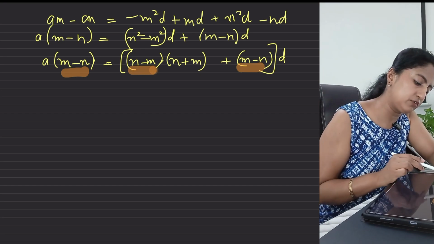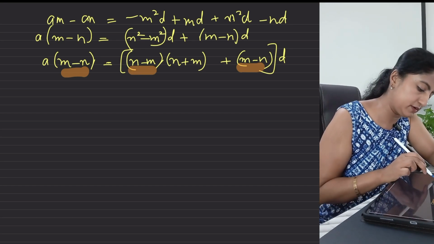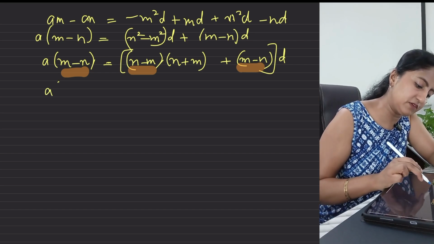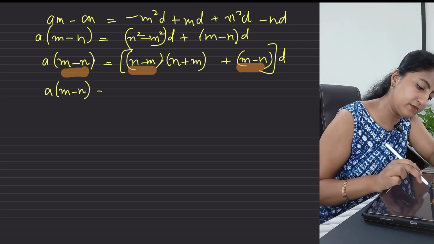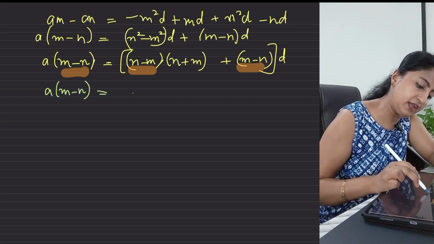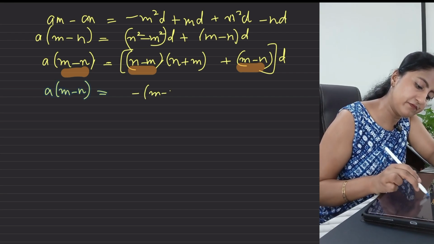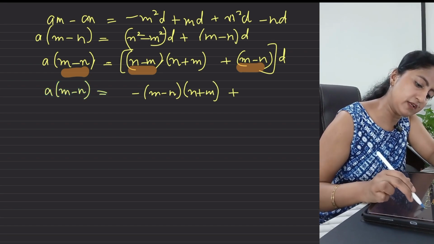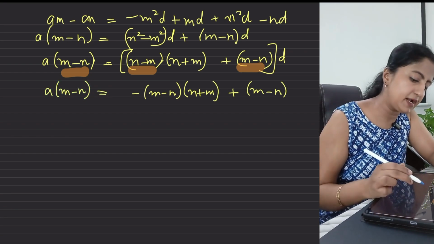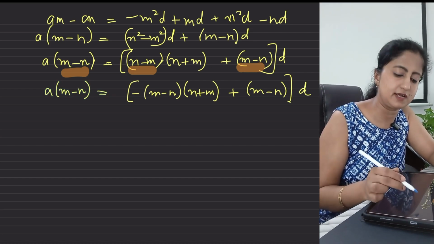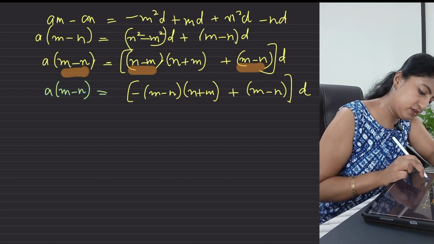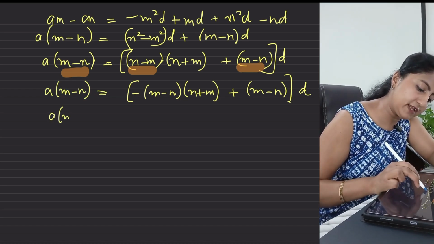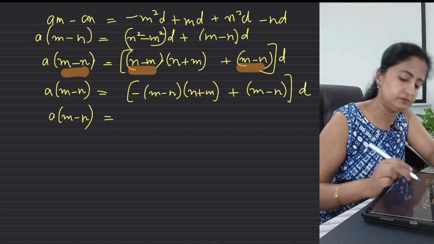So again, what we are going to do, we are going to take out a subtraction over here, negative. Now, what does that leave me with? It will give me minus over here, m minus n into n plus m plus m minus n and d over here like that. I am writing each and every step so that you can understand in detail. Now, left side remains as it is as of now. But what I will do, I will take out m minus n, which is a common factor.